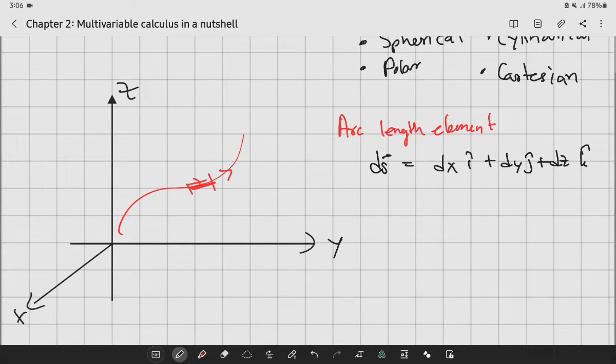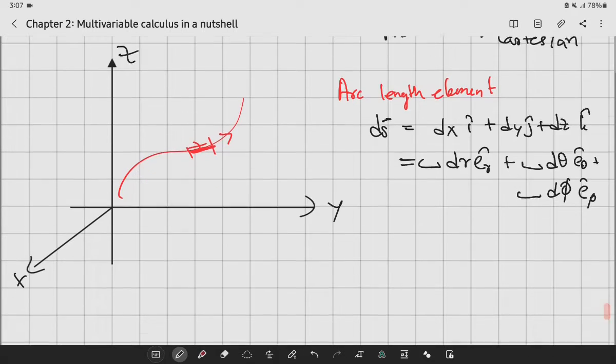Now, how do I find this in the spherical coordinate or in any other coordinate system that is orthogonal? dr r hat plus, there are some factors in here. I want to find these factors. d theta theta hat. Let's call these unit vectors like e_r. This is going to make things simpler later on. And d phi e_phi.